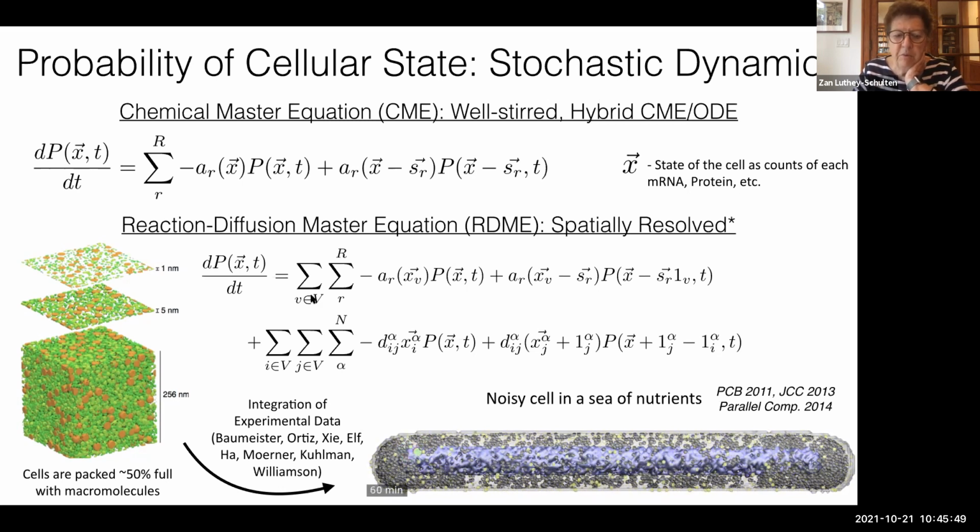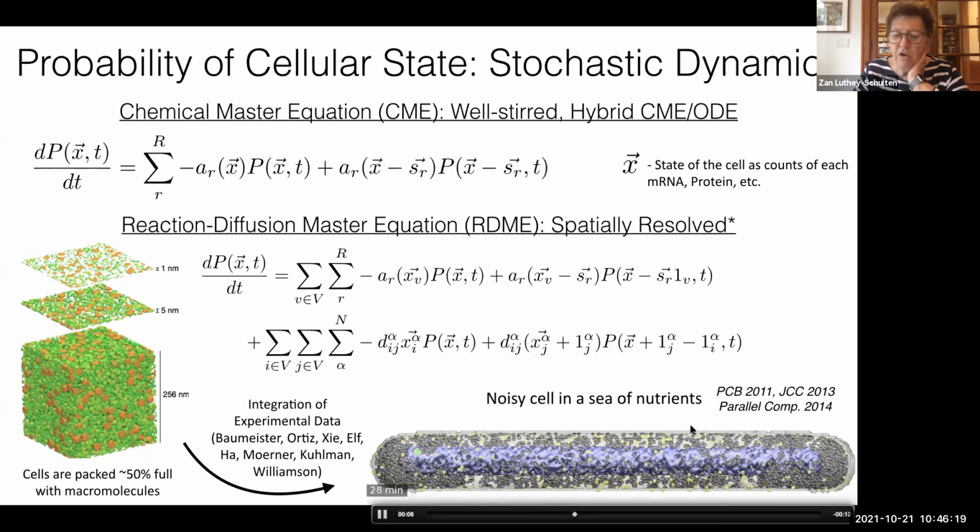You will impose a lattice on the system. You'll have subvolumes, but you can also say, is this a membrane reaction? Is this a reaction that's in the nucleoid region? When you do eukaryotic cells, is it one in the nucleus? Is it in the endoplasmic reticulum? Is it in mitochondria? So you have an additional label to look at where it is in the cell, right?